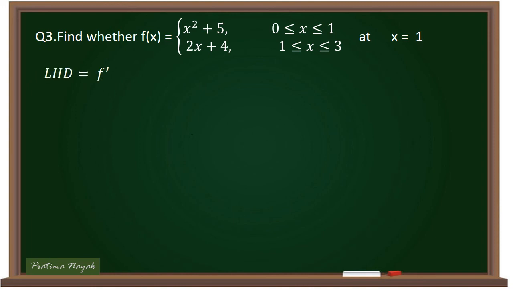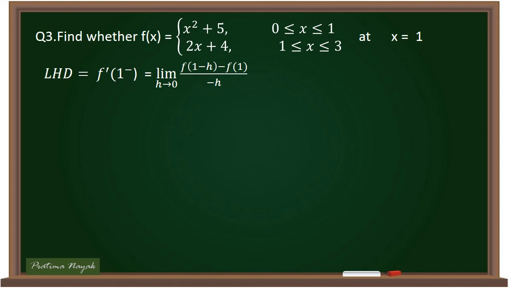So what is left hand derivative? f dash 1 minus, that means less than 1. Less than 1 means you will put x is less than 1, it is x square plus 5.